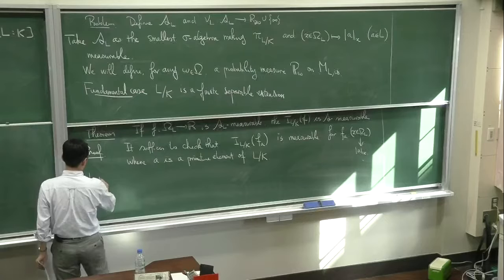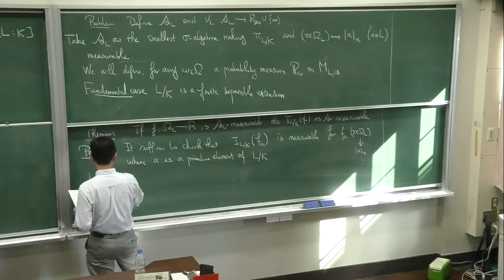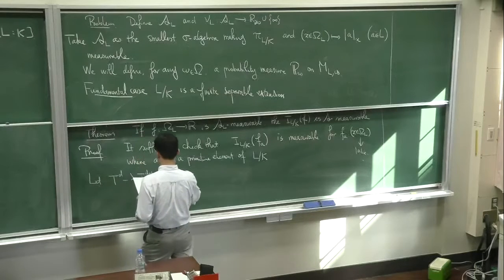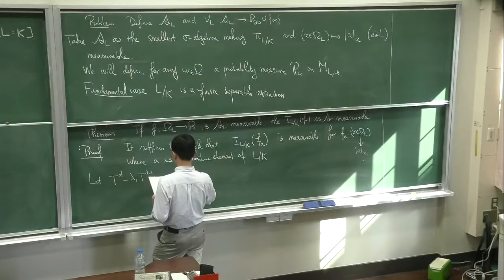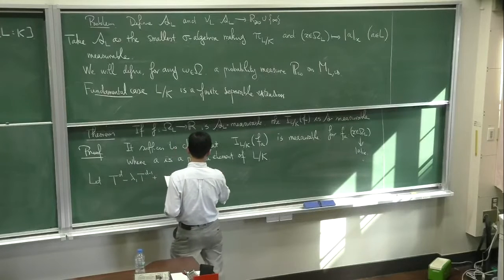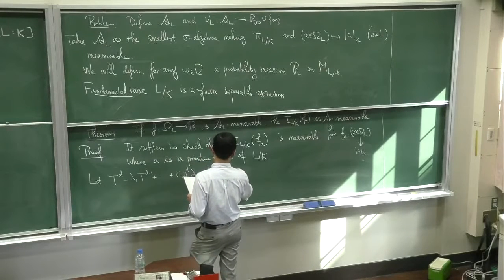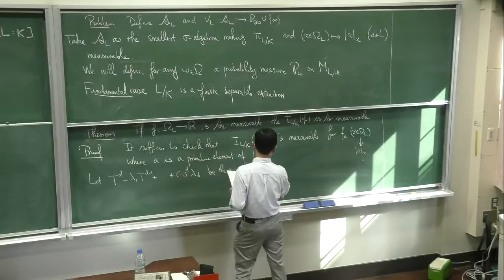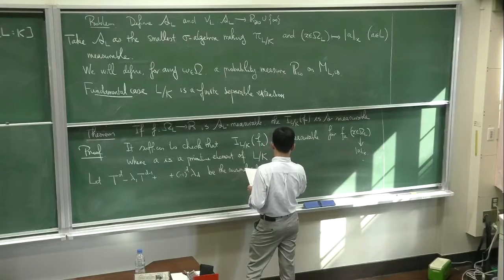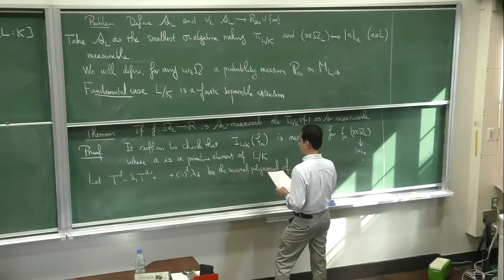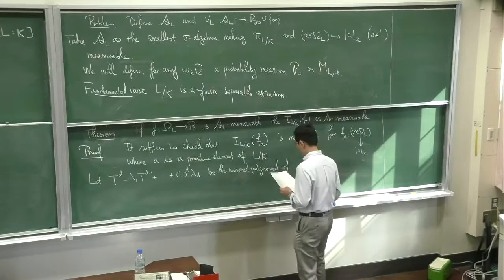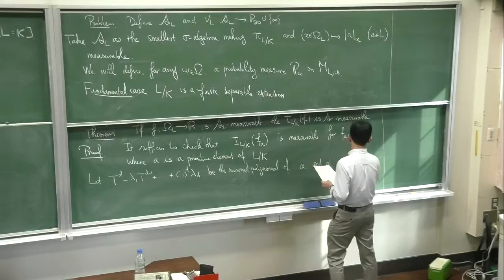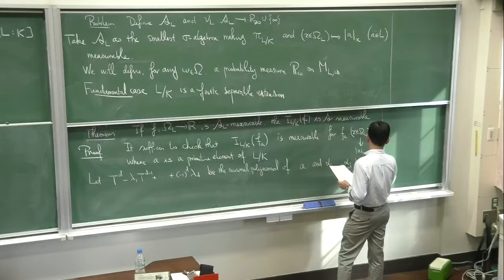So I take the minimum polynomial of a and α_1, …, α_d its roots.